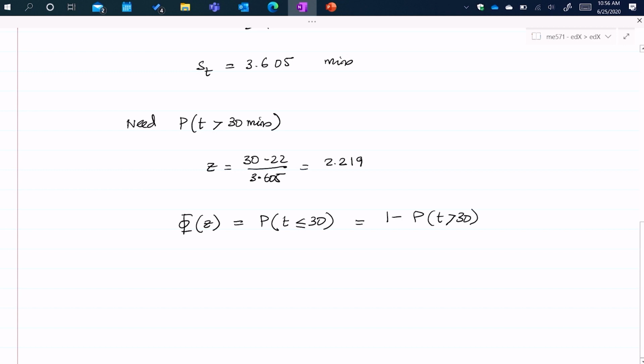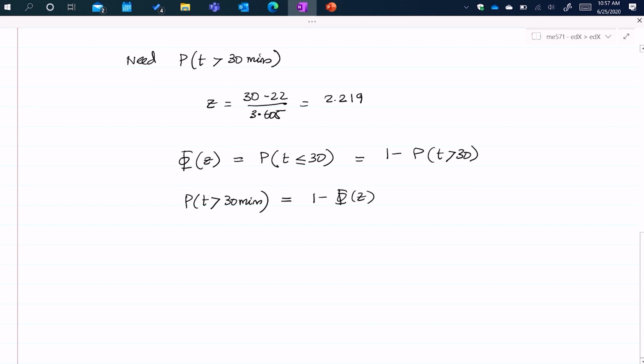So what we then seek is the probability that t would be greater than 30 minutes, and that will be equal to 1 minus phi of z. Phi of z corresponding to 2.219 is 0.9867. So this is 1 minus 0.9867, which is equal to 0.0132.